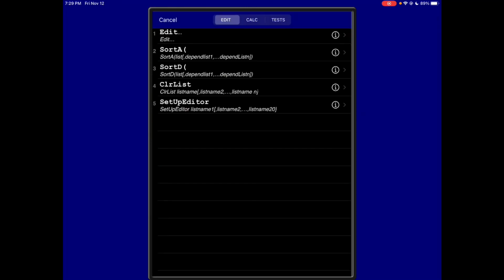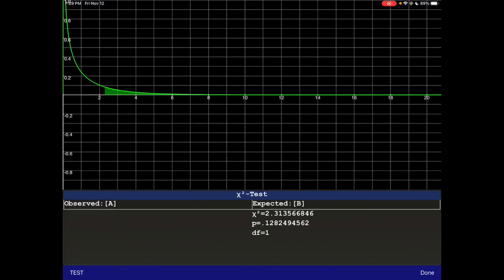That's what you want for the test statistic. So for me, I can see on the bottom right, chi-squared equals 2.314 if we round that to 3 decimal places. P-value is 0.128, and then of course you can see that the degrees of freedom is 1. Because you have 2 rows and 2 columns, that gives you 1 times 1, which is 1.